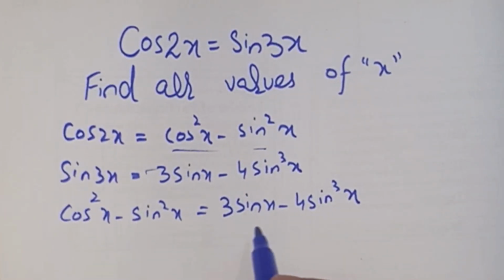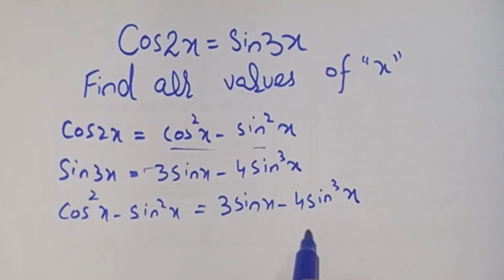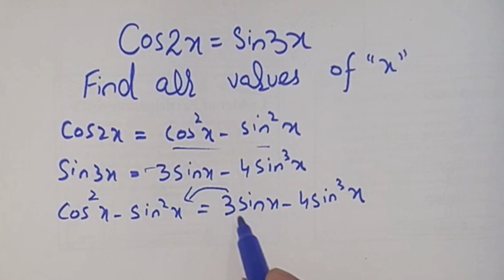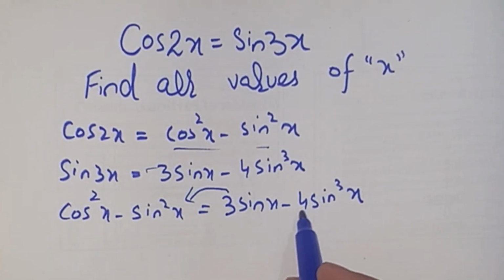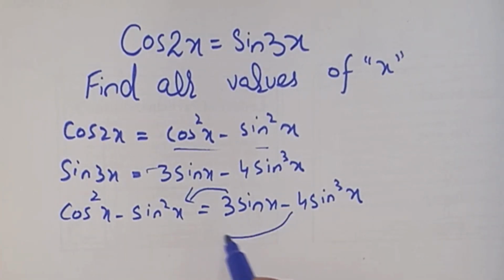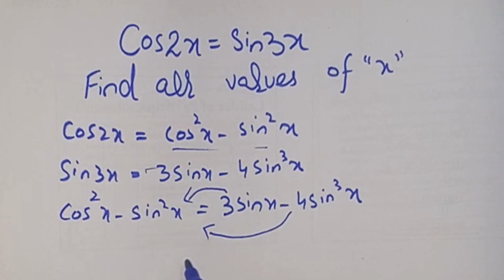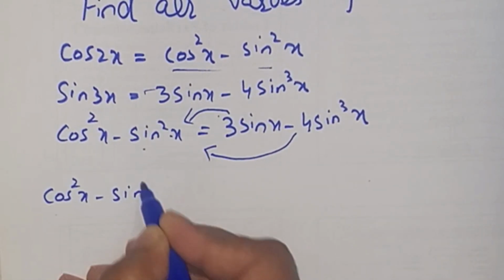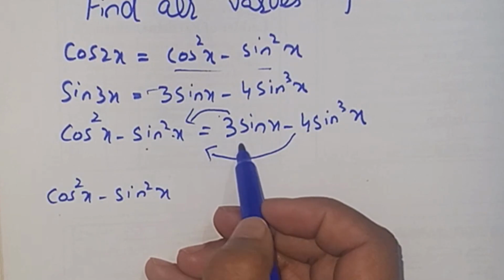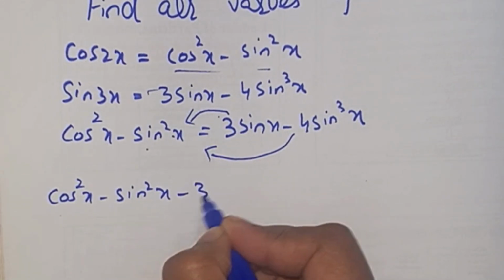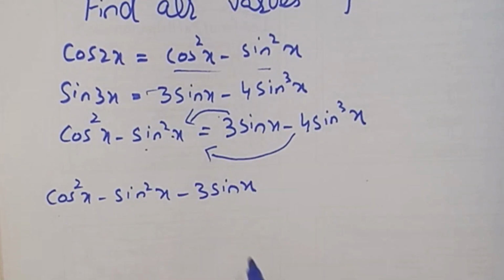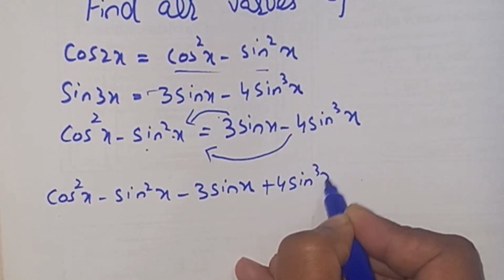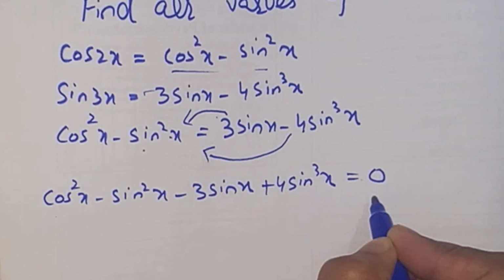Now we rearrange these values and shift them to the left hand side. So this is cos square x minus sine square x, minus 3 times sine x, and this will become plus 4 times sine cube x, equal to 0.